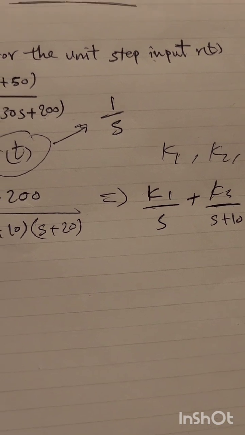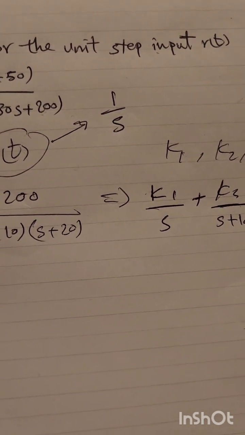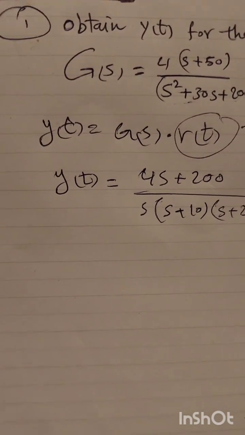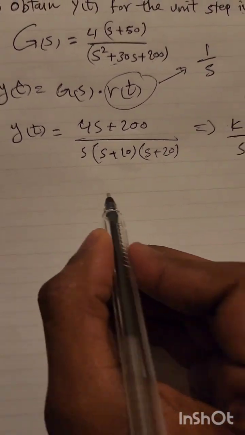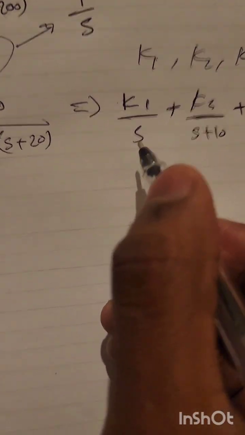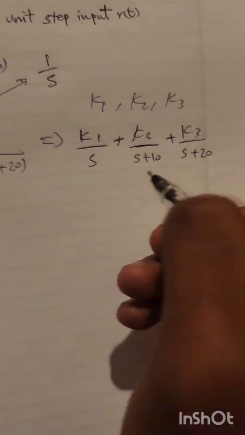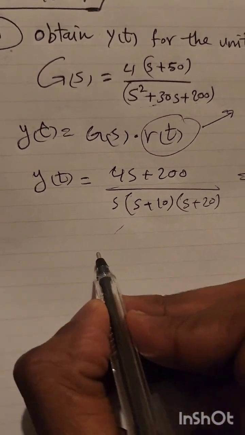To get the value of k1, we are going to multiply this equation by the denominator of k1, and also for k2 and k3. So let's get k1 first.